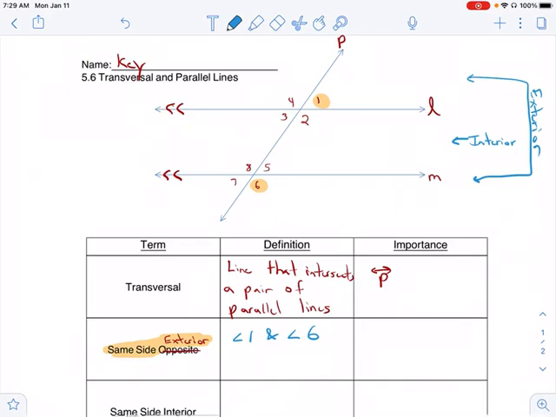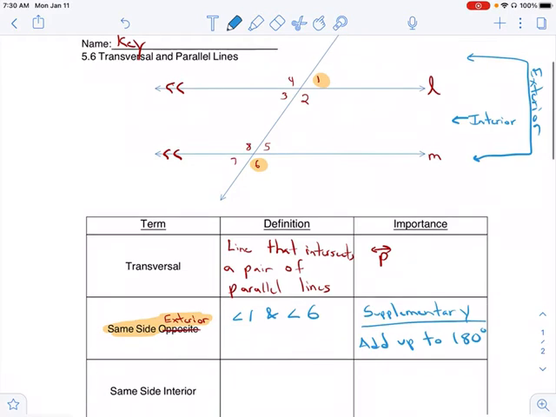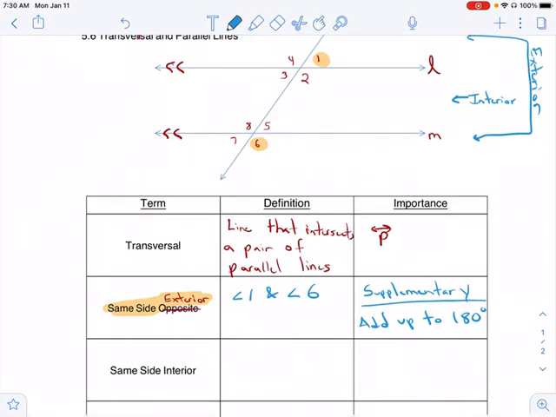The importance there is that they are supplementary. If we don't know what this word is, those two angles have to add up to 180 degrees. I'll write that in more mathematical notation in just a little bit. But there we go. So we have same side exterior angles are supplementary.